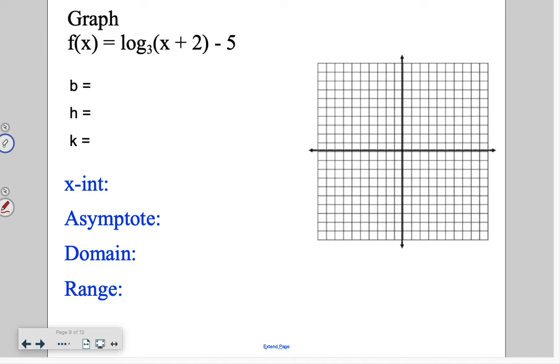Identify the features, and then, like I said, graph them. Find the X-intercept again. I'll just walk around, and if you have a question or you get stuck on something, just let me know. But I'll give you a few minutes here to try to put this together.